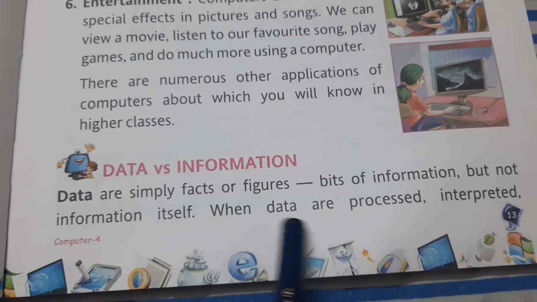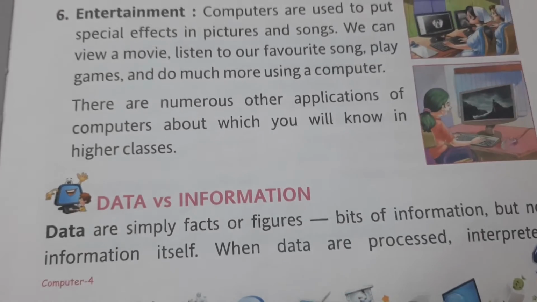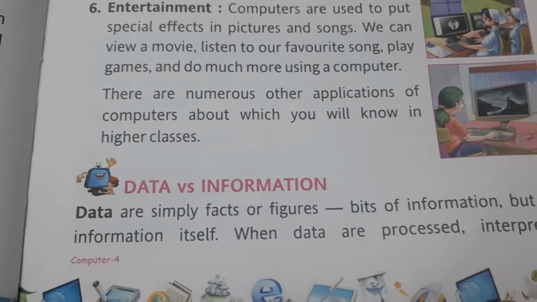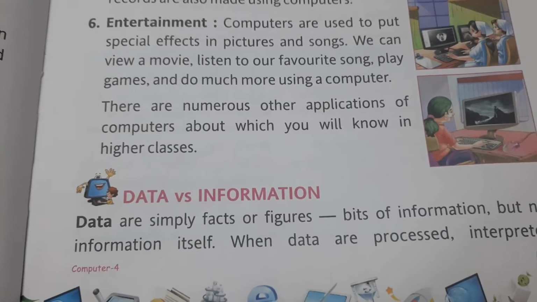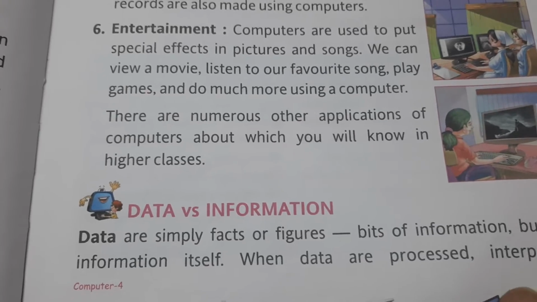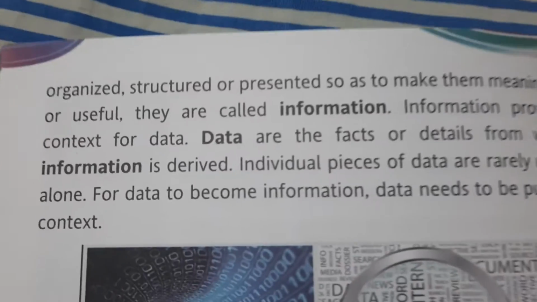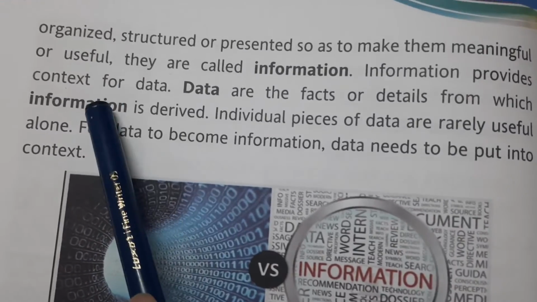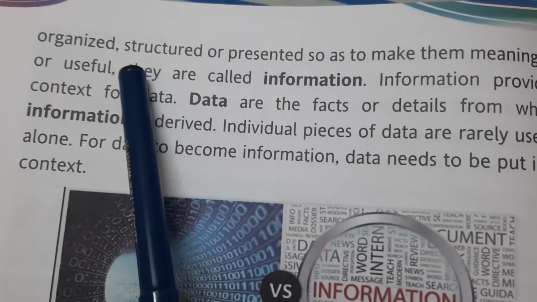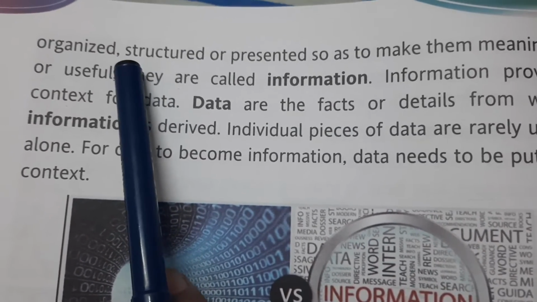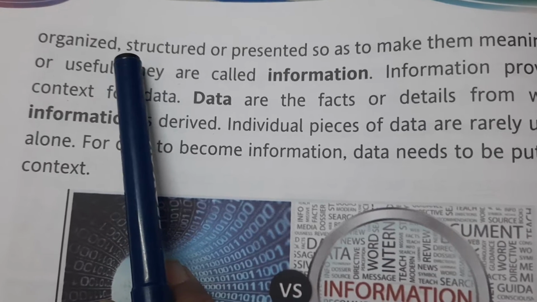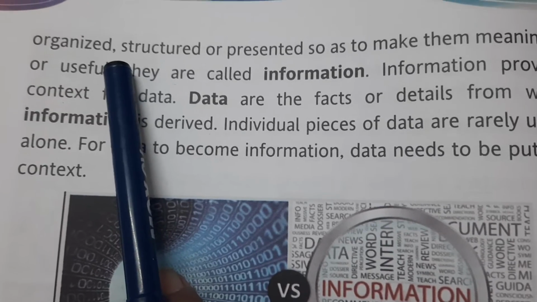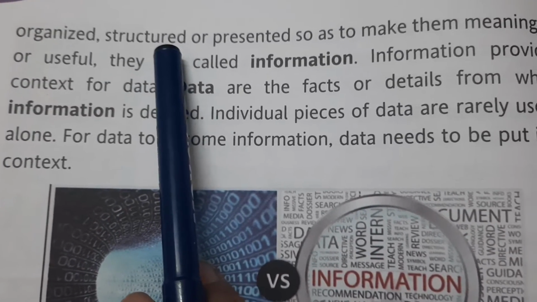When data are processed, interpreted, means when we add or subtract numbers, we change their form or present them in our own form, organized, structured or presented so as to make them meaningful or useful, they are called information. Like suppose if I randomly enter the data of 10 students and I organize them in alphabetical order, I am giving it a structure.